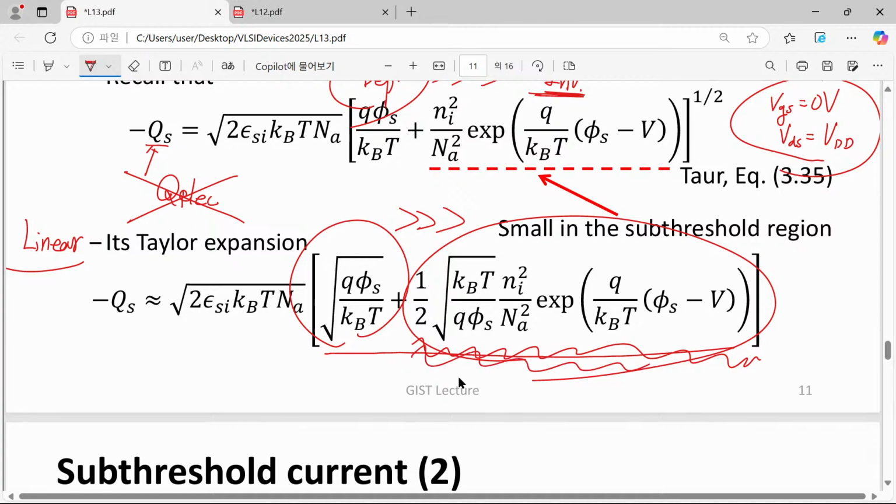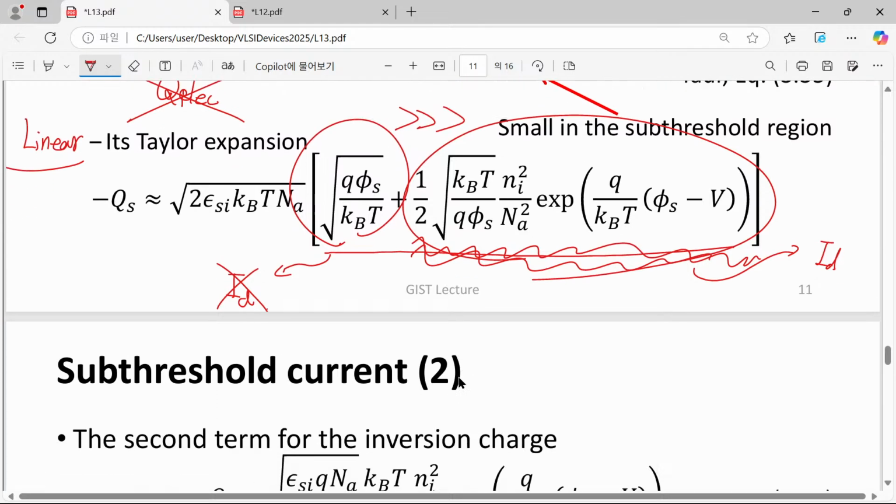So this is a really small number. But the point is, this first one does not contribute to ID calculation, and this second one really contributes to ID calculation. So that's the reason why, although that is quite small, we have to keep this second term.